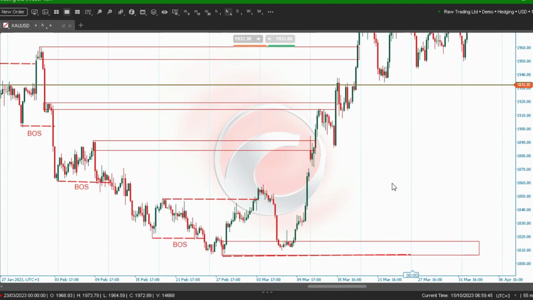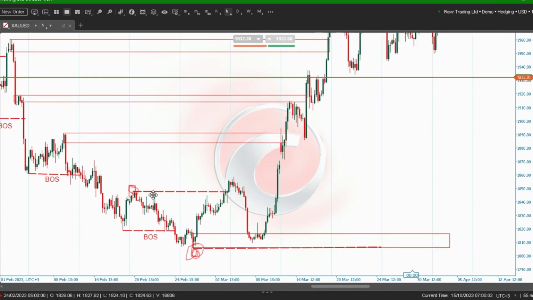So when we are trading, we always do one thing. We identify this as a swing high and this as a swing low. So when this high is broken, we always say that is change of character.